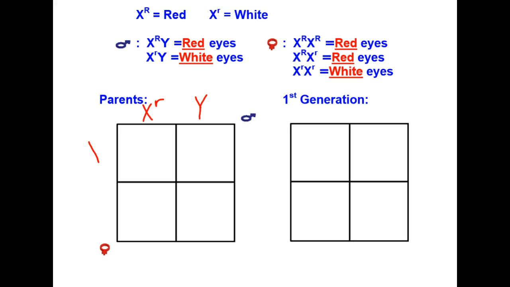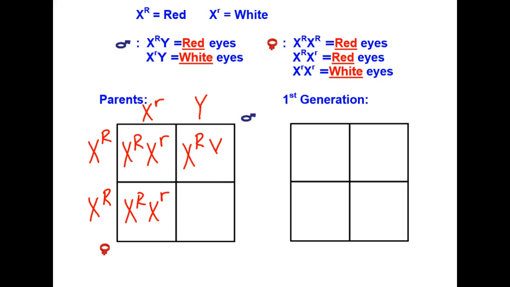And so that would be X big R, X big R. Let's go ahead and finish out the square for this. What would we get? X big R, X little r, X big R, X little r, X big R, Y, X big R, Y.